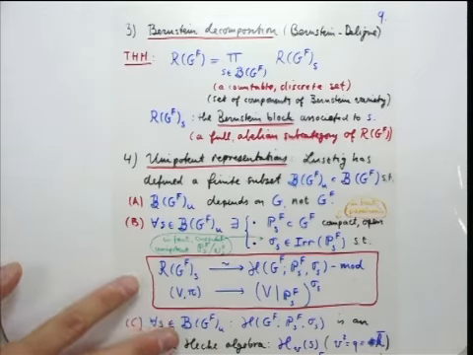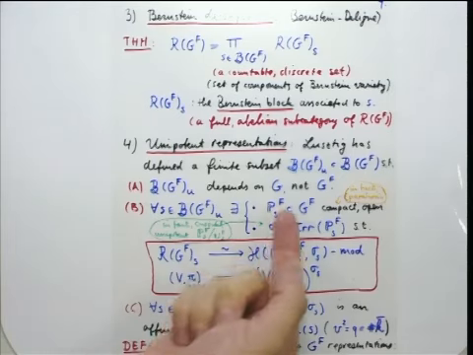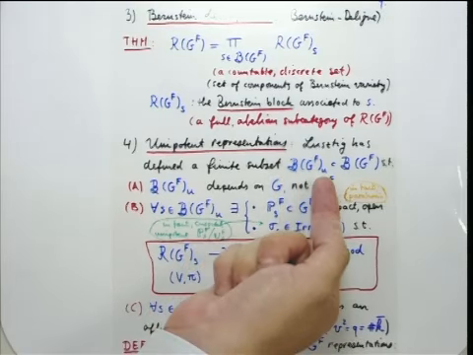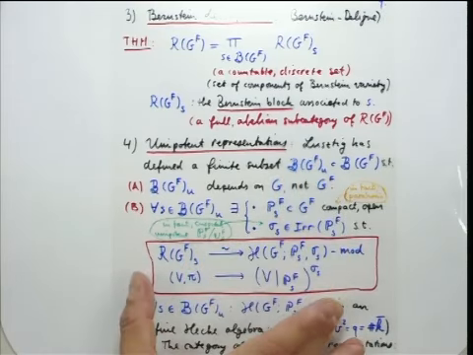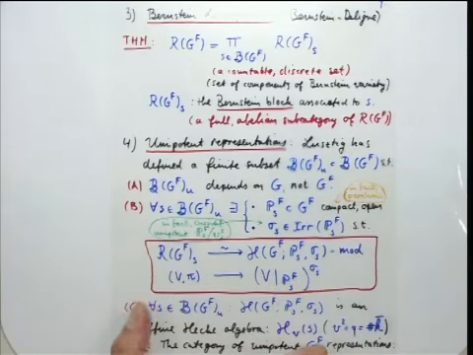And Lusztig has now defined his unipotent representations by singling out a collection of components of the Bernstein variety, which one might call unipotent. And it's a finite set of components. This finite subset I call BGFU. It's the set of unipotent components in the Bernstein variety.